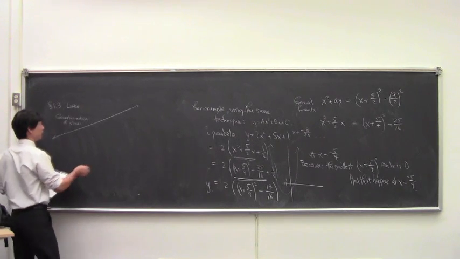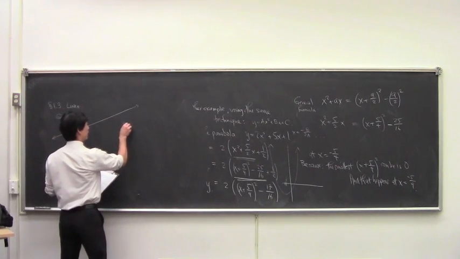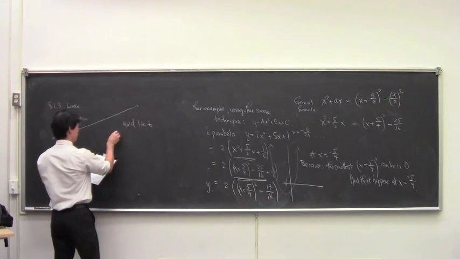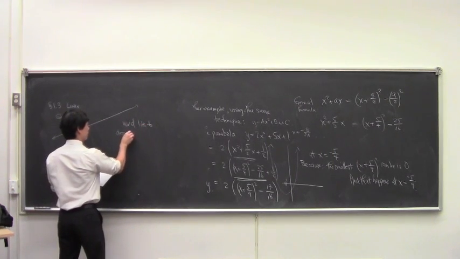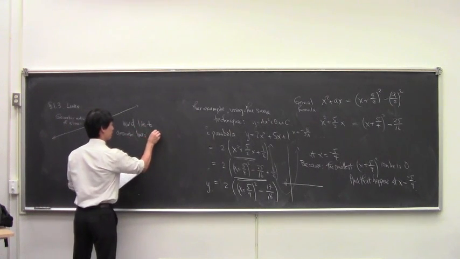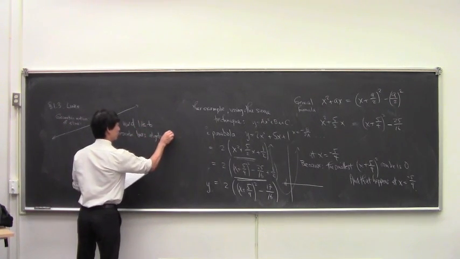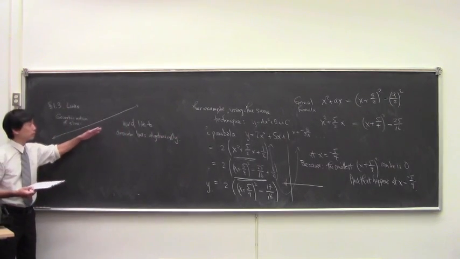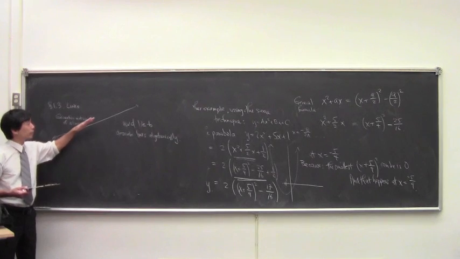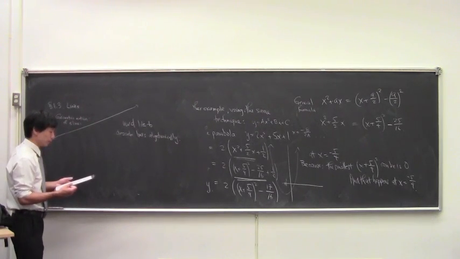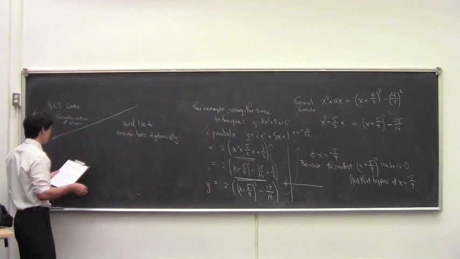Okay, and we'd like to describe lines algebraically. Once you have your coordinate system, once Descartes has put coordinates on the plane, we can talk about this in terms of equations.